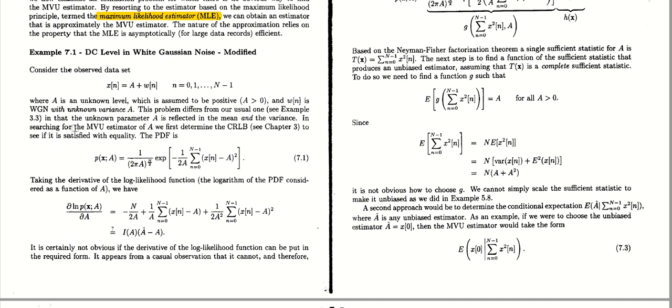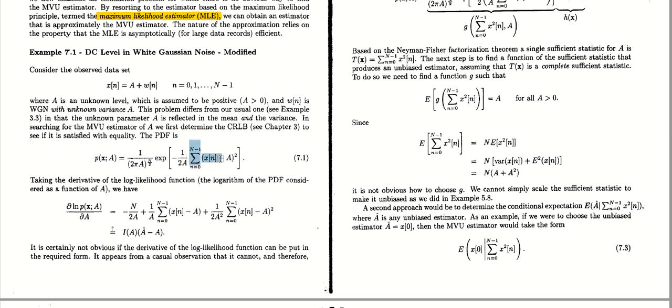Then in search for the minimum variance unbiased estimator, we first determine the CRLB, and the PDF is this: p(x;A) equal to 1 over (2 pi A) to the N divided by 2, times the exponent of minus 1 over 2A, summation.